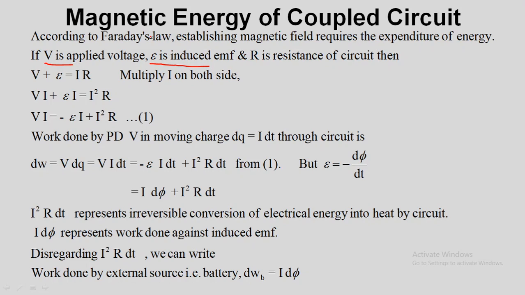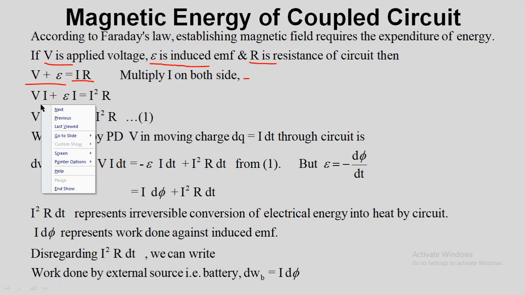So e is the induced EMF, and R is the resistance of the circuit. Then by using Ohm's law, we have the total voltage V plus e, and by Ohm's law, total voltage is I into R, current into resistance.